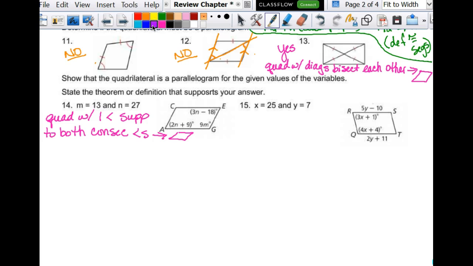So we're just going to start by finding the angle measures. So we'll start with measure of angle A. It's going to be 2 times 27 plus 9. So 2 times 27 is 54, plus 9 is going to be 63 degrees. Measure of angle G is equal to 9 times 13.